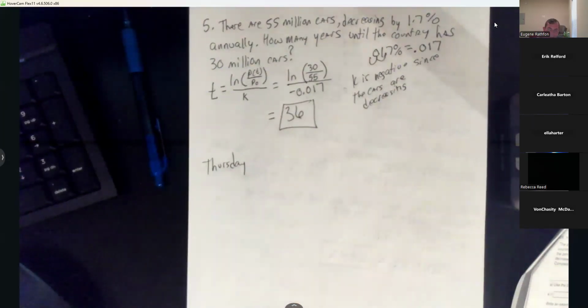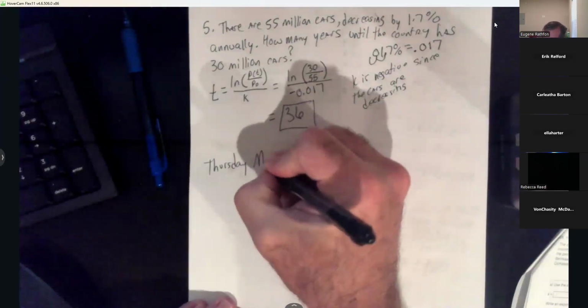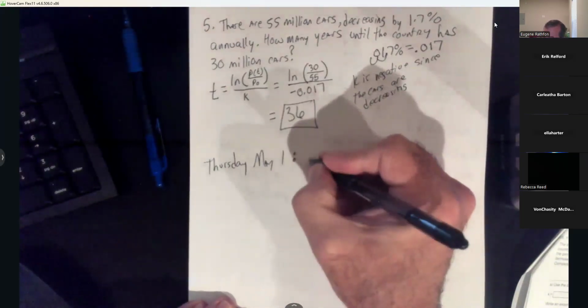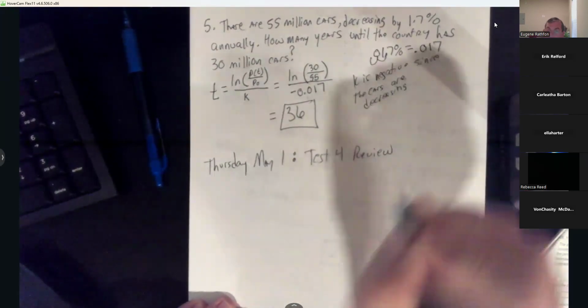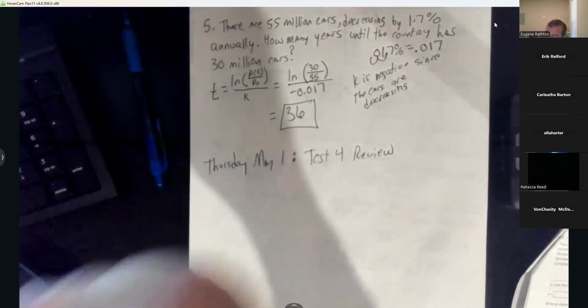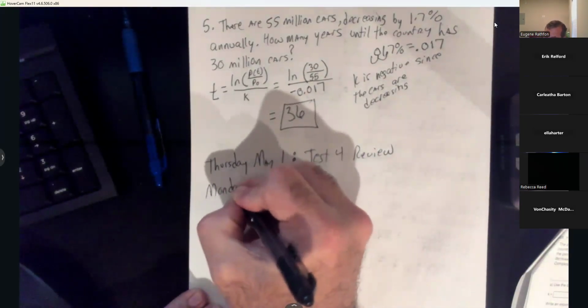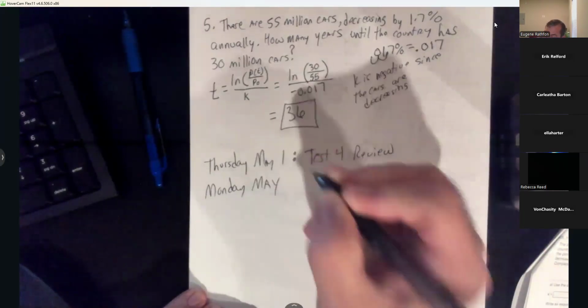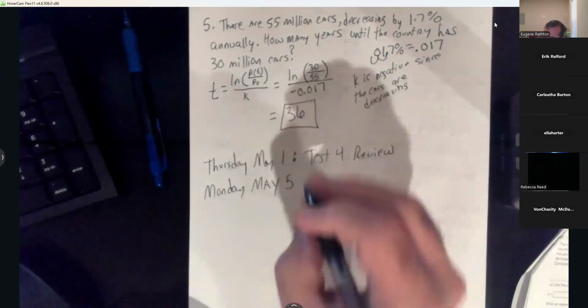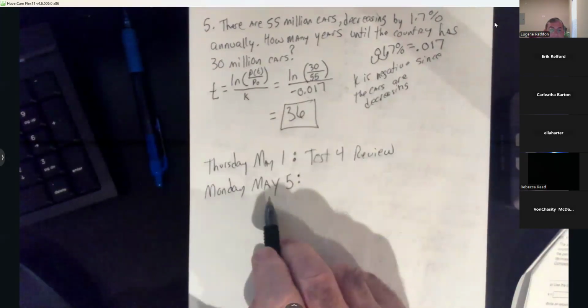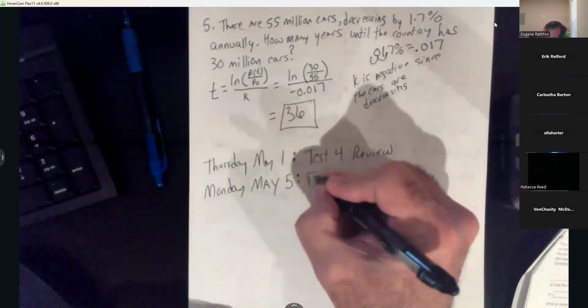All righty, y'all, remember, Thursday of this week, I think Thursday's May the 1st? Let me look on my calendar. So Thursday, May 1st, I'm going to review for test 4. Monday, let's see, Thursday is the 1st, so second, third, fourth, that'll be the 5th. Monday, May 5th, I'm going to do the final exam review.